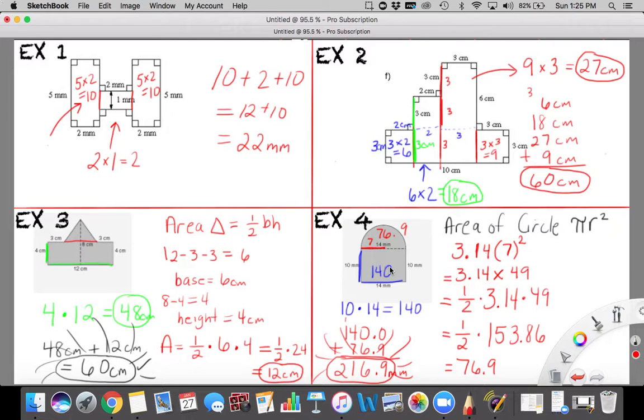So it can be a little tedious, but if you use those properties, it will reveal to you mathematically the unknown lengths that you're looking for, and then you just apply the area formula for triangles, rectangles, squares, circles, parallelograms, and all the different shapes that you use. And once you find the area of each of the smaller shapes, you simply add those areas together to get the area of the composite shape.